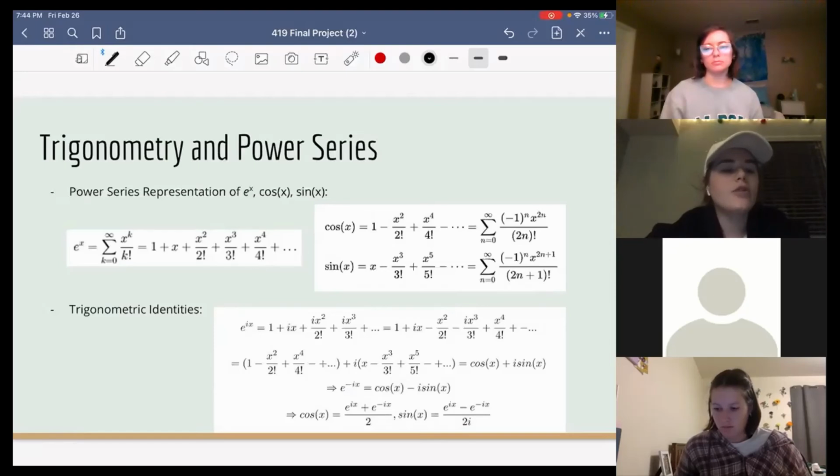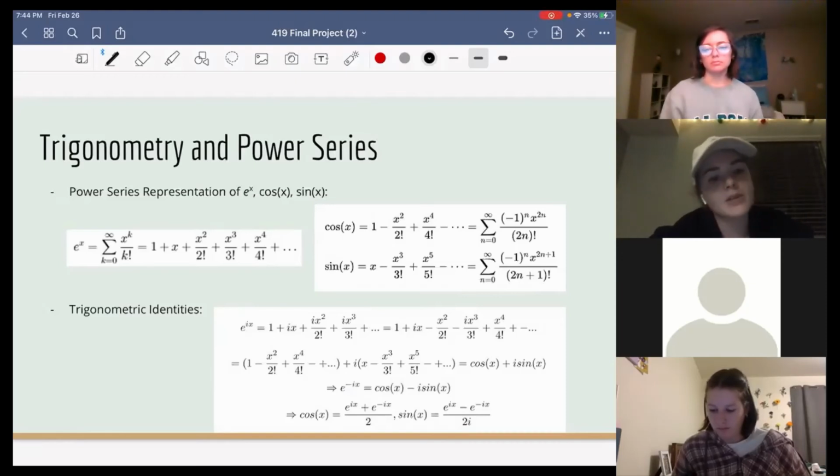Then you can use powers of i, and this turns into an alternating sum, so we can rewrite it as 1 plus ix minus x squared over 2 factorial minus ix cubed over 3 factorial plus x to the 4th over 4 factorial, and this just goes on.